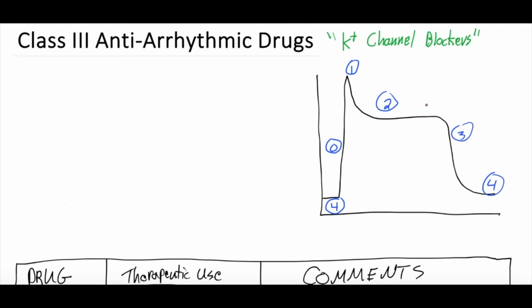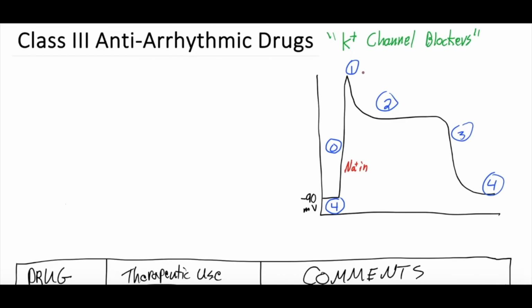So this should look familiar for those of you who've been following the series here of antiarrhythmic drugs. But we have phase 0, which is sodium coming in. Sodium is positively charged, which means that this initial negative, let's call it 90 millivolts, starts to become less negative and more positive.